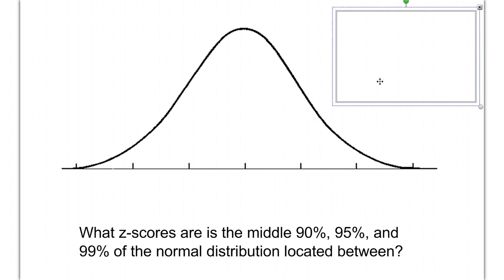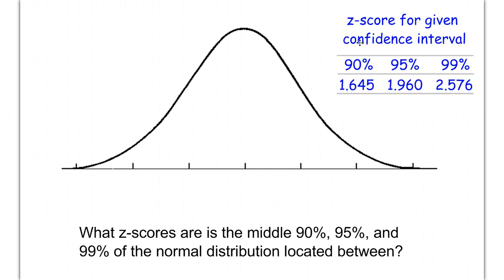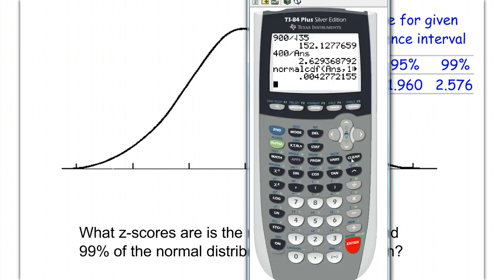So we need to figure out what those z-scores are. If you remember from a previous section, we had these particular values of something we called z-star: 1.645, 1.960, and 2.576. Let's refresh ourselves on what that means.